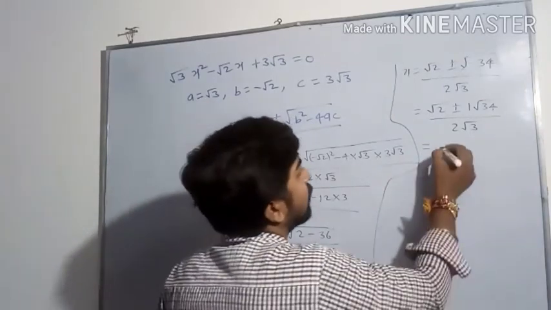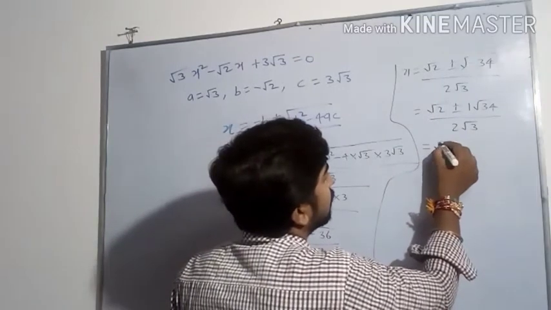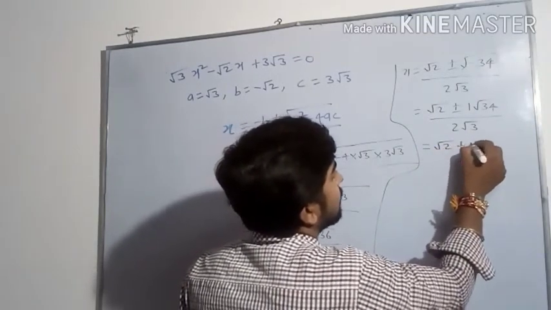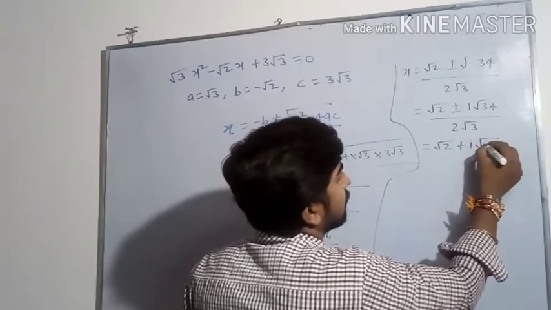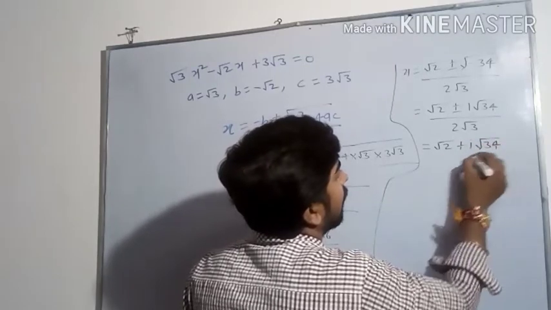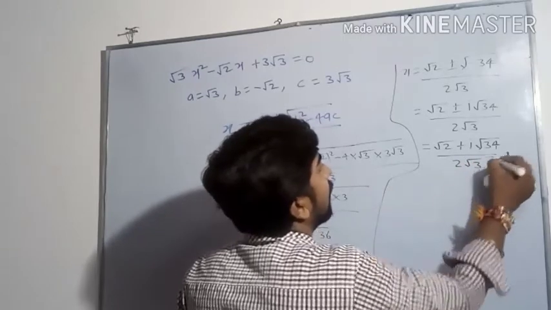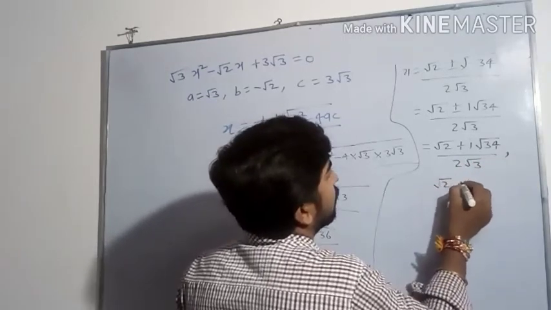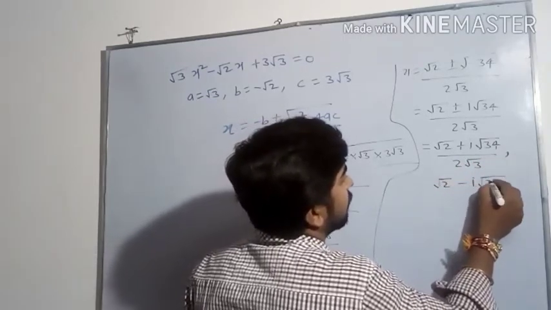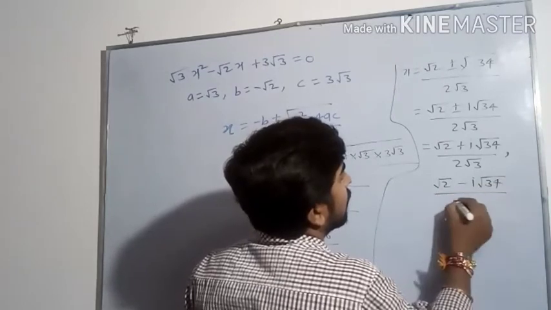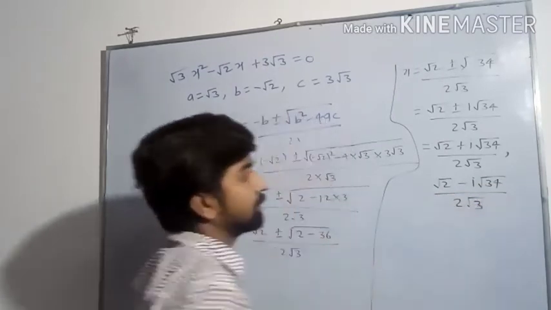Now we have two values: under root 2 plus I under root 34 upon 2 under root 3, comma, under root 2 minus I under root 34 upon 2 under root 3.